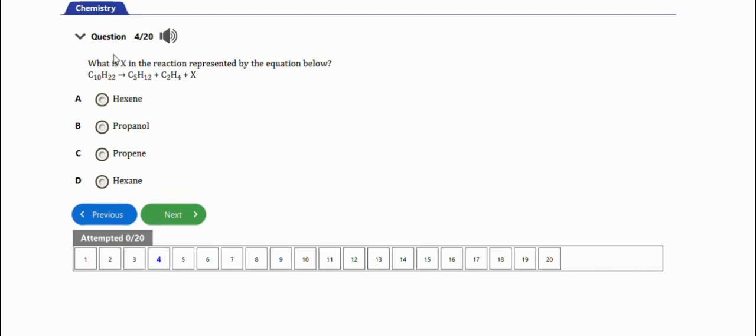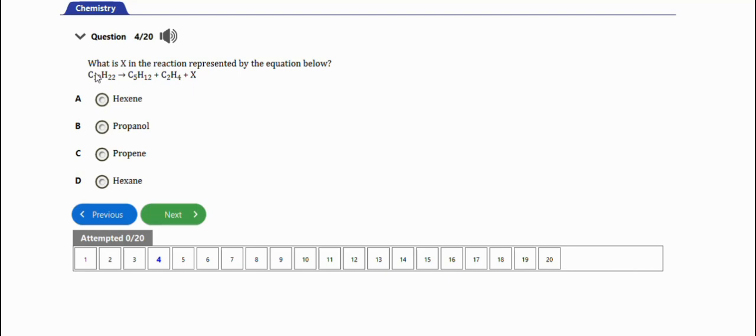The next question says what is X in the reaction represented by the equation below? Looking at this equation, this shows us that our X will be propane. When you work this out on paper, you're going to arrive at propane as the value of X. I already attempted this question before, so I got propane.